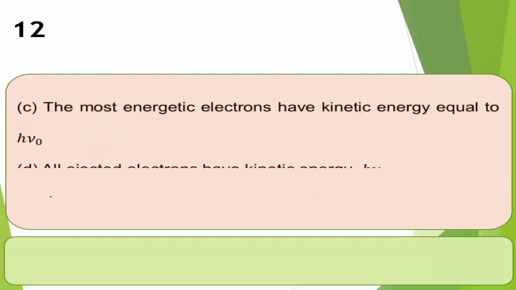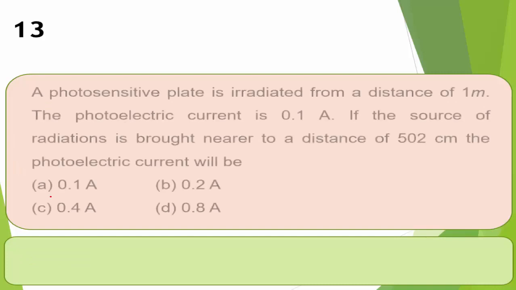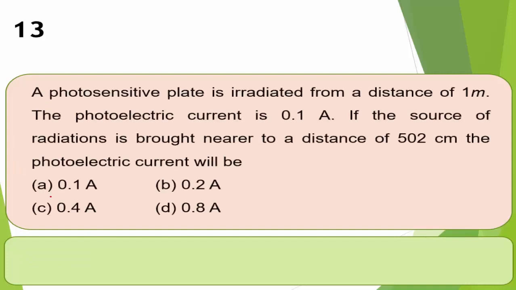Next question is question number 13. A photosensitive plate is irradiated from a distance of 1 meter. The photoelectric current is 0.1 ampere.